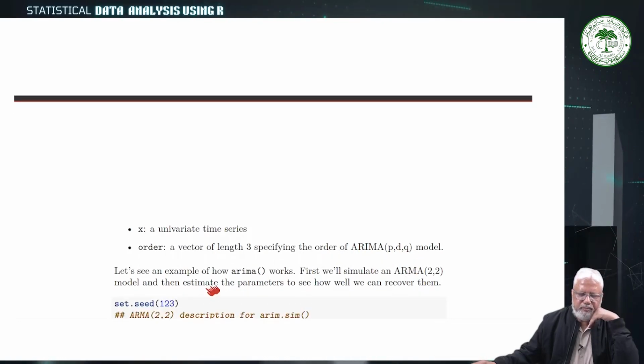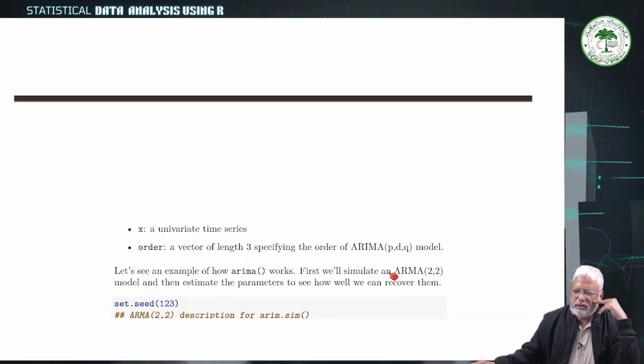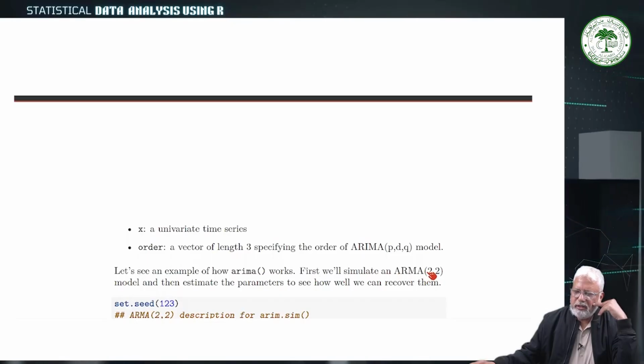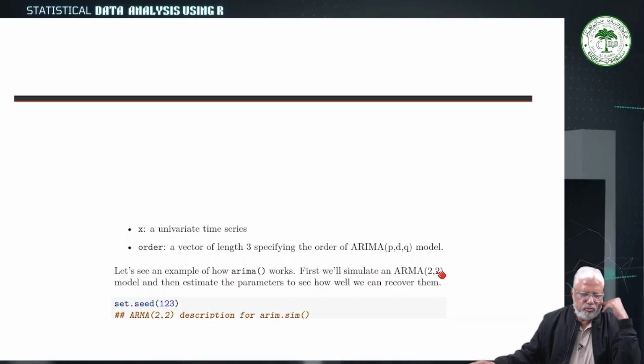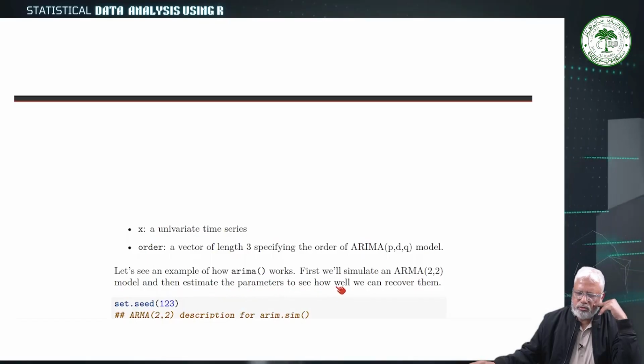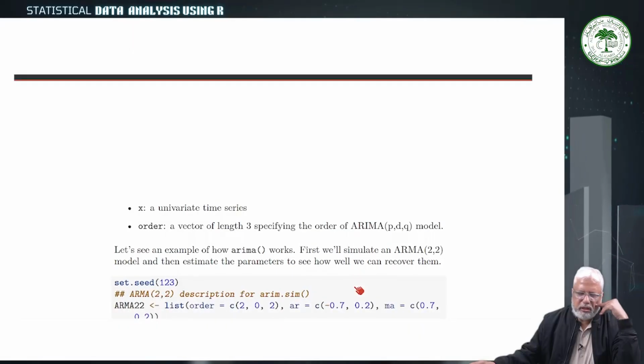Let us see an example of how arima works. First, we simulate an ARMA(2,2) model, order of AR is 2, order of MA is 2, and then estimate the parameters to see how well we can recover them.